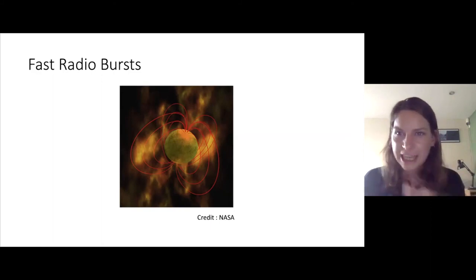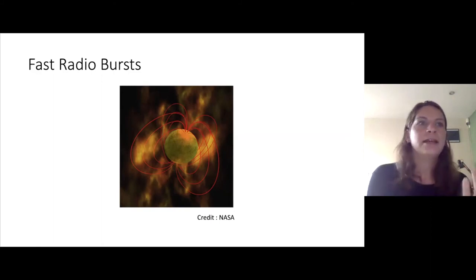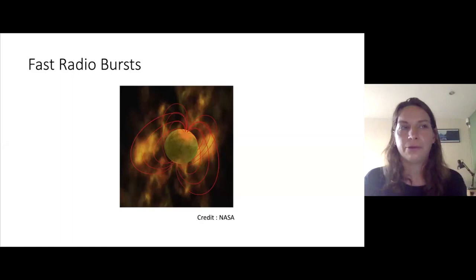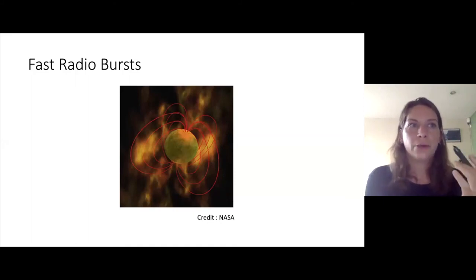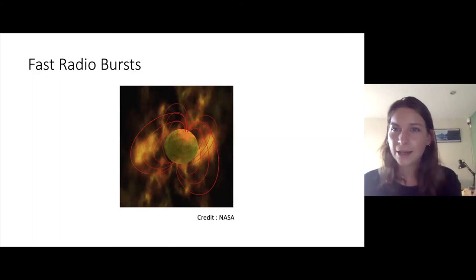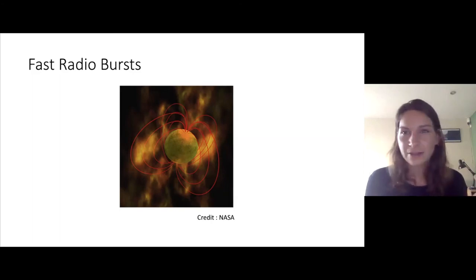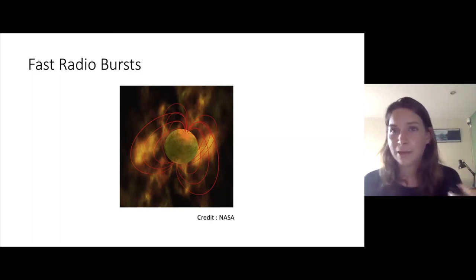And it's thought that the decay of this magnetic field is what powers the emission of the really high energy radiation. Like other neutron stars, a neutron star is formed when a really massive star collapses. Like other neutron stars, magnetars are thought to be about 20 kilometers in diameter. That's actually really small if you think about it.